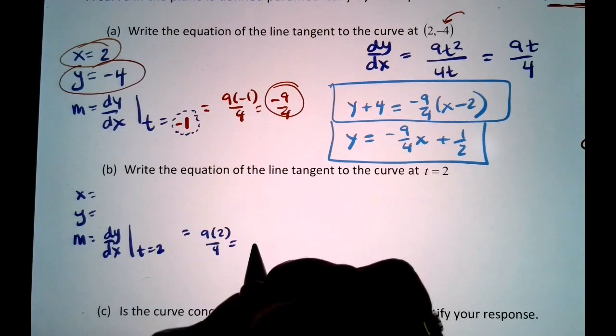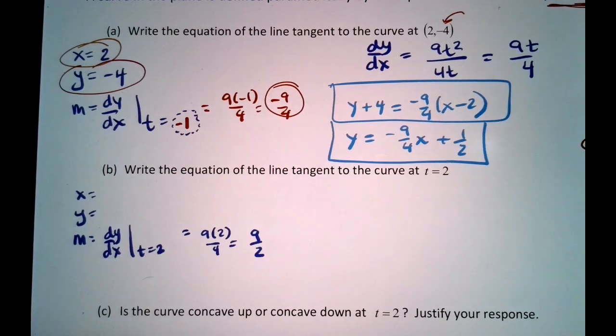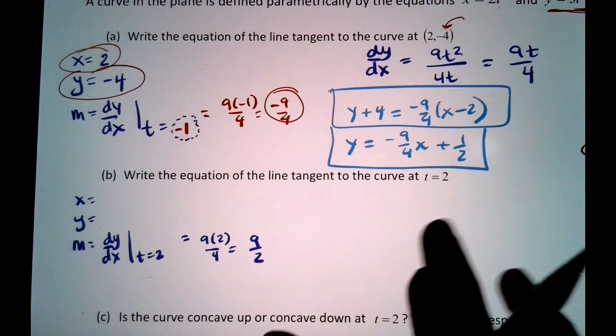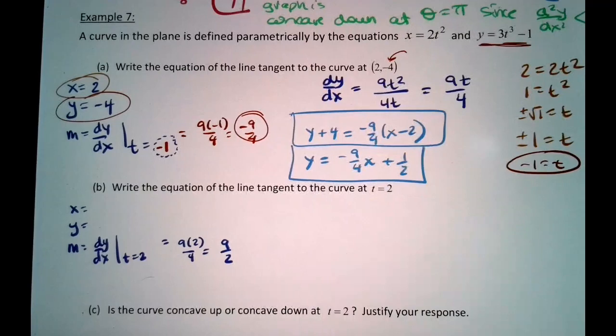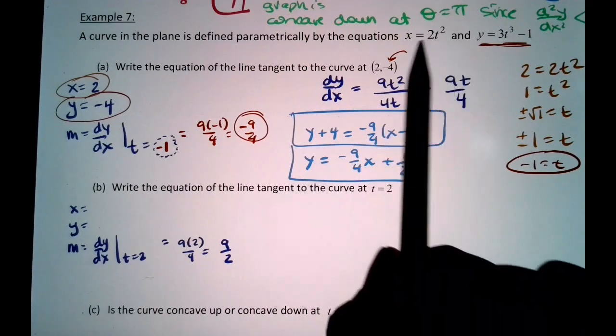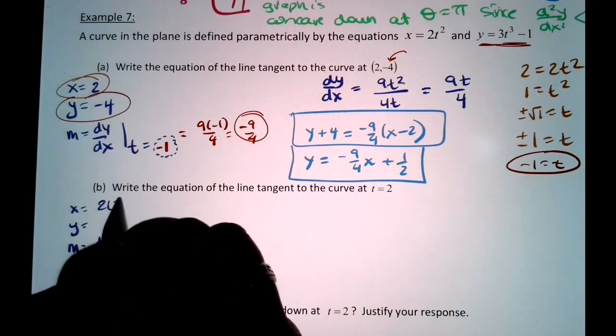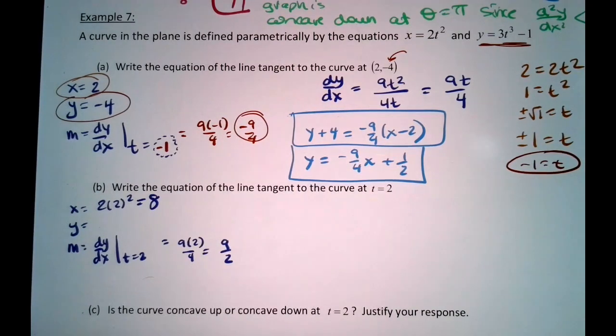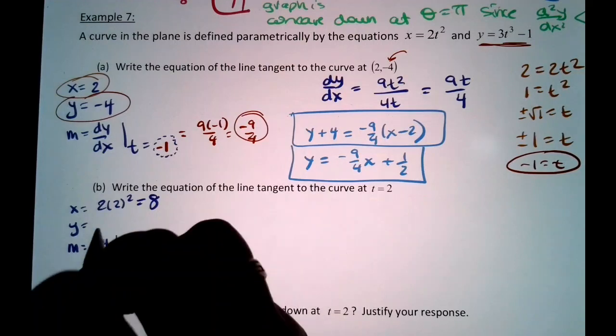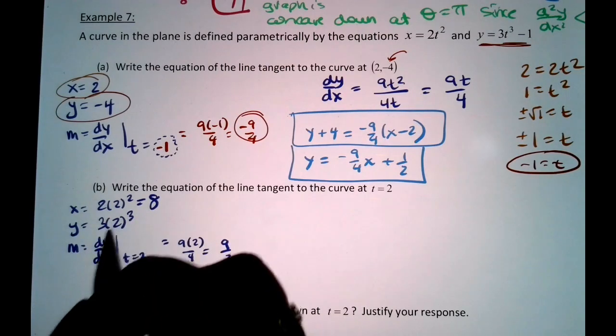So in this part, I've got the slope really quickly, but I don't have the x and the y. No problem, because you were given the set of parametric equations, and so I'm just going to plug in. If t is 2, that means x equals 2 times 2 squared, otherwise known as 8, and y is 3 times 2 cubed minus 1.